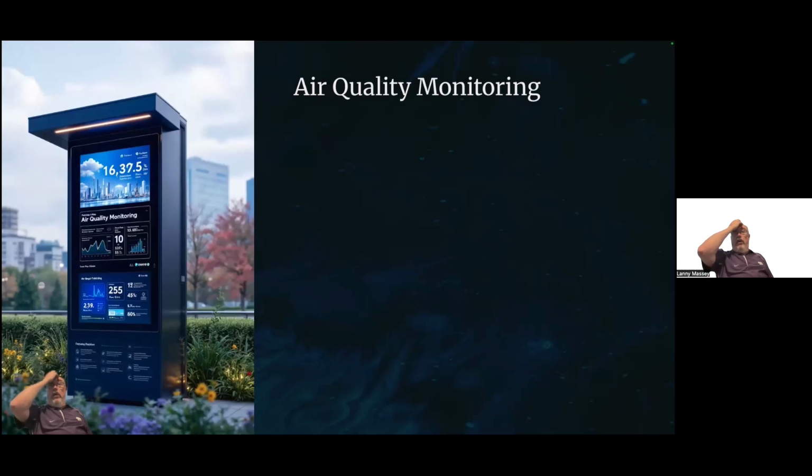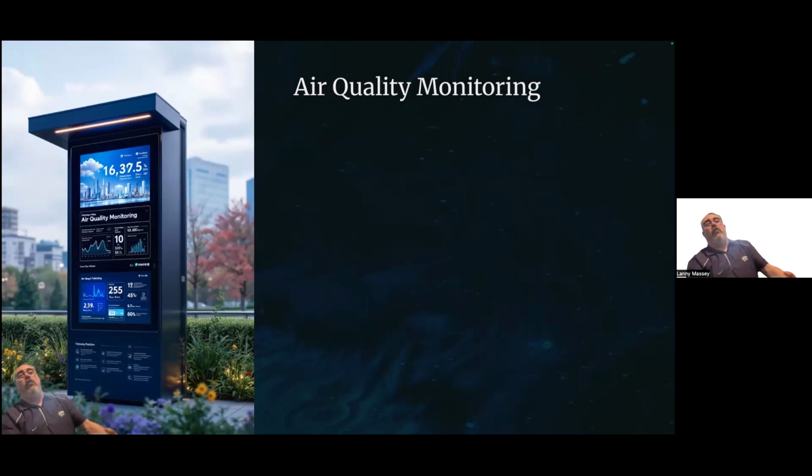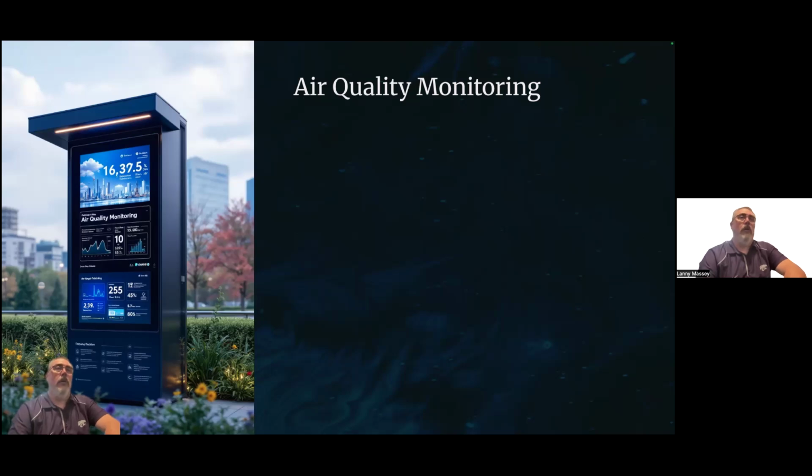All right, so air quality monitoring. This becomes important because what is air quality monitoring? Anybody want to throw that out there? Air quality monitoring is just a way of keeping track of what's polluting our air. This time of year, if you pay close attention to the local news stations, in the big cities they'll talk about air quality all the time.